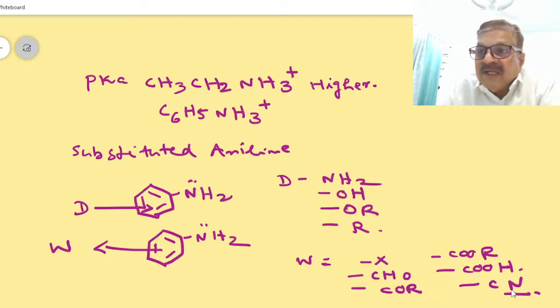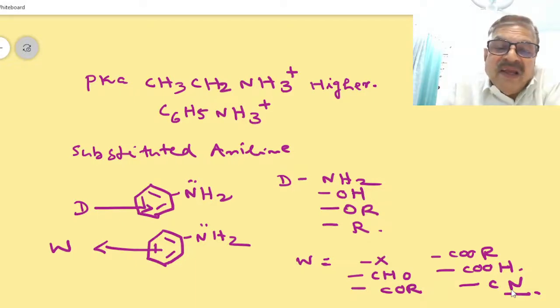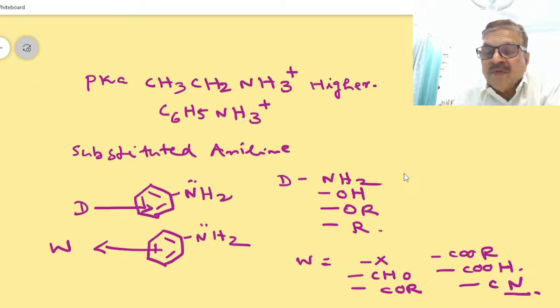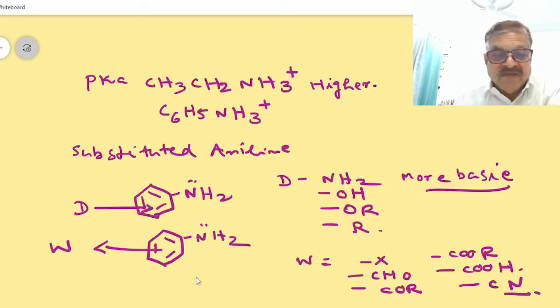But in the case of the electron withdrawing group, what will happen? Electron density is withdrawn. Once the electron density is withdrawn from the benzene ring, the aryl amine becomes less basic. So here it will be more basic and here it will be less basic.